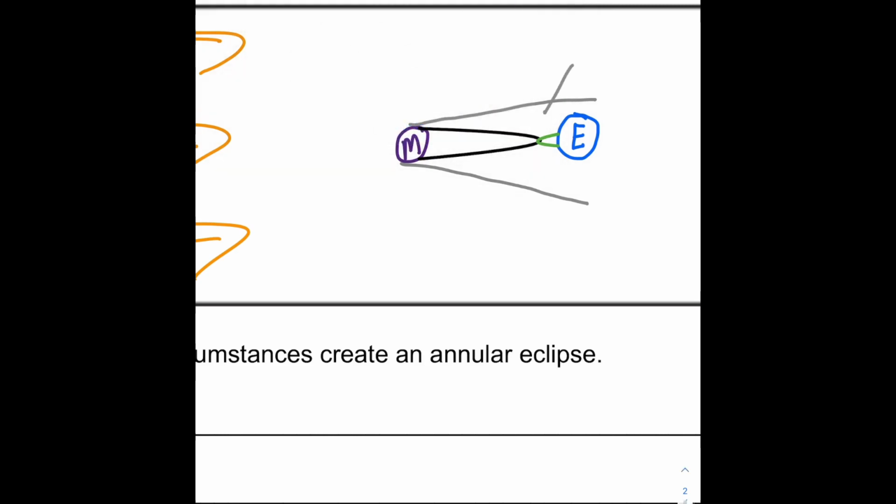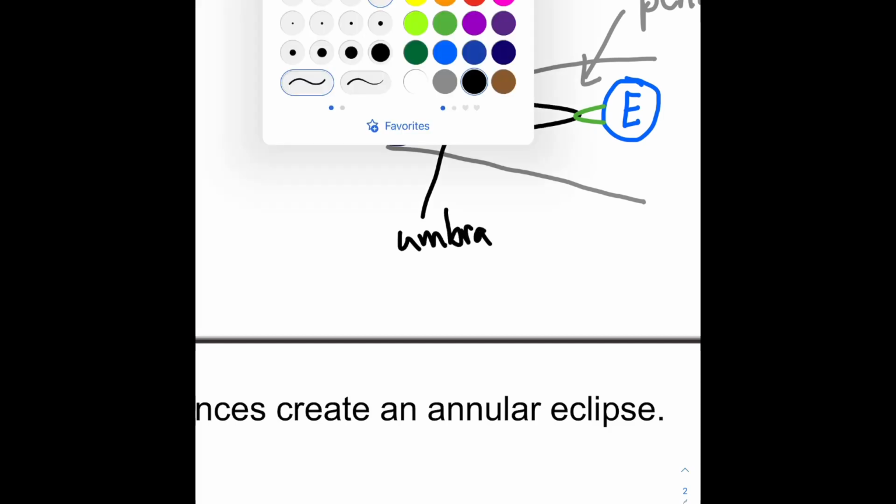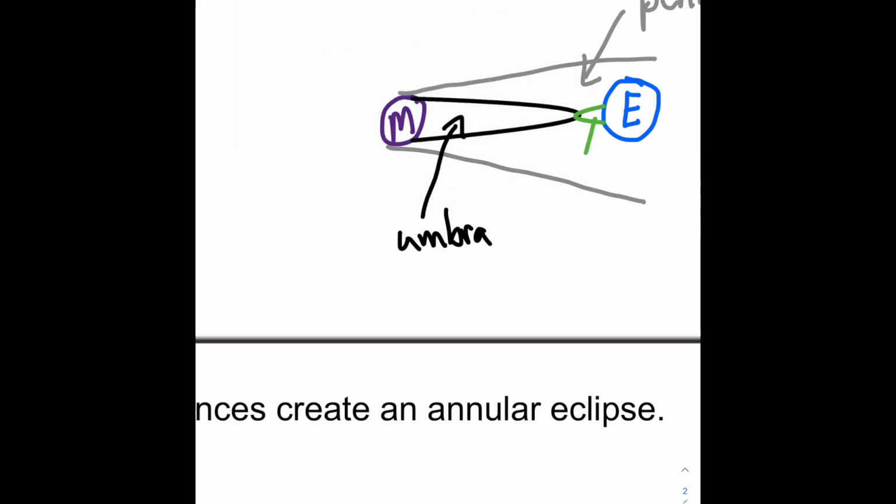So again, we have the lighter outer shadow is the penumbra. We have the darker inner shadow is the umbra. And then this green shadow, that is going to be the antumbra.